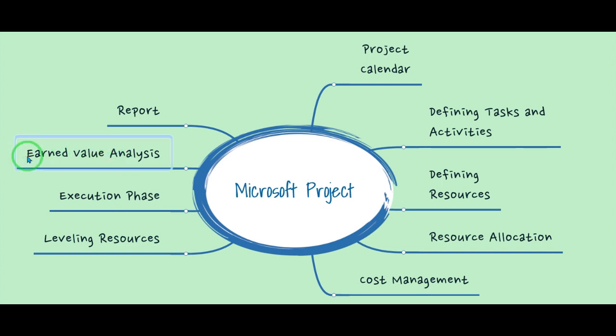We will explain completely what exactly earned value is and what the other metrics are which you can extract from this concept, how you can calculate them in Microsoft Project software, and of course how those metrics help you to anticipate the final status of your project dynamically.